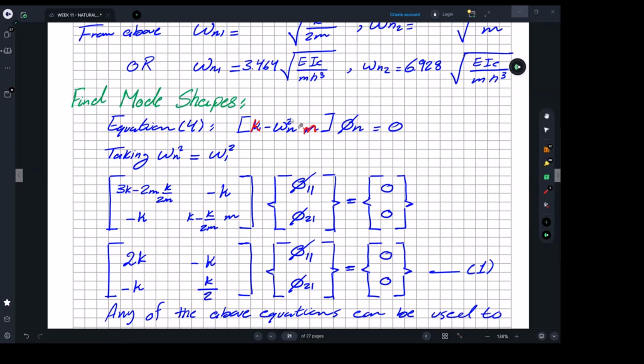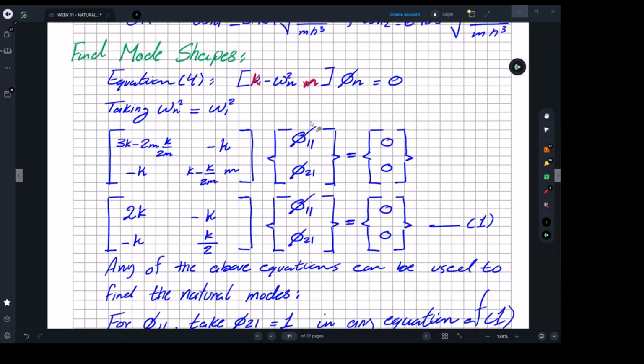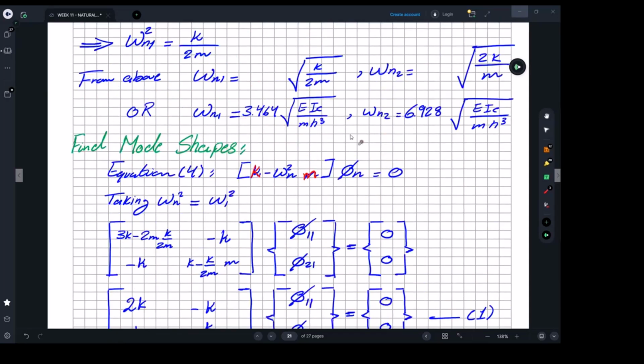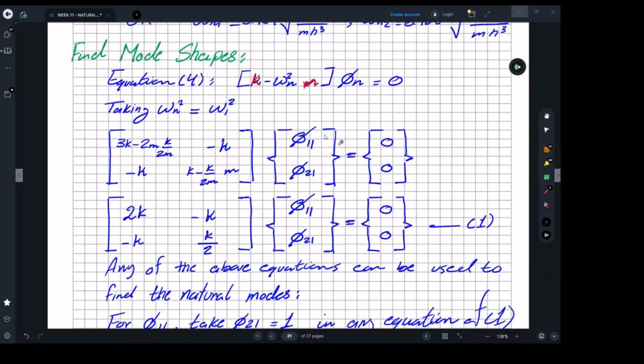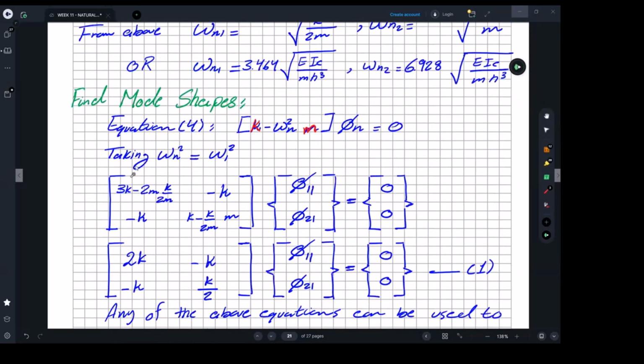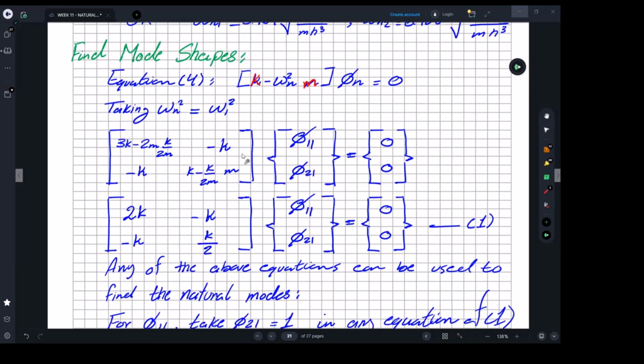By now, we know the frequency and we know all those matrix values, the stiffness value, and the frequencies for the first and second mode shapes. The first step is taking the frequency to be equal to the first mode's frequency.